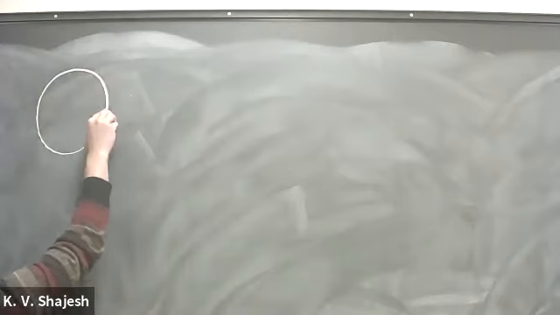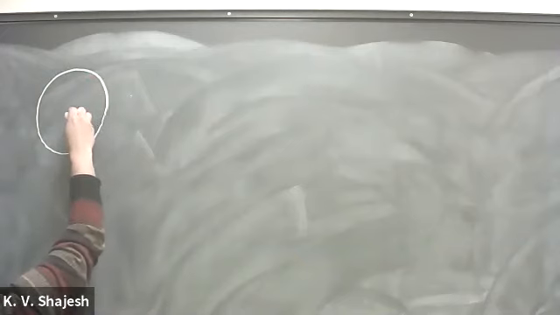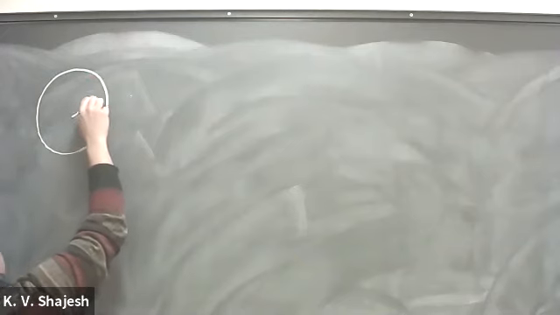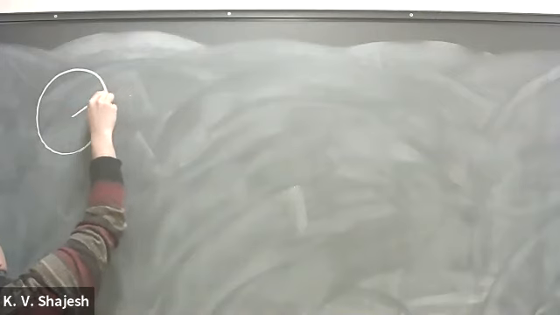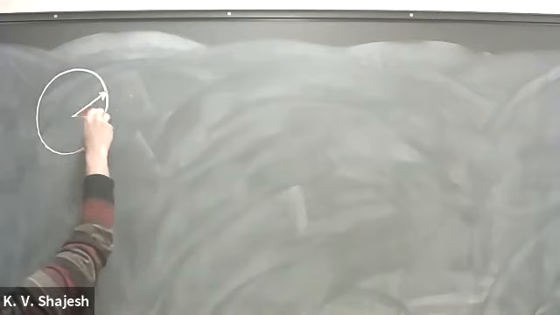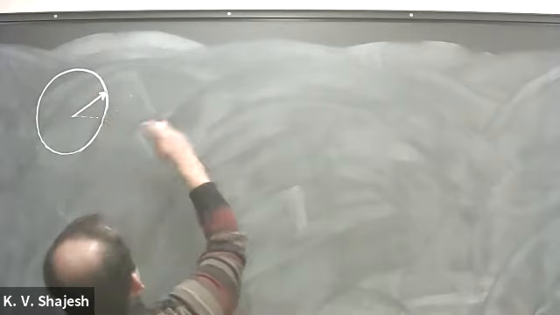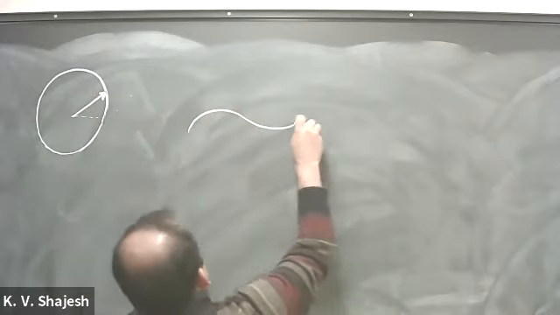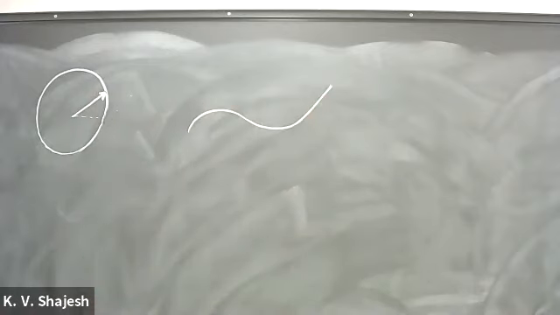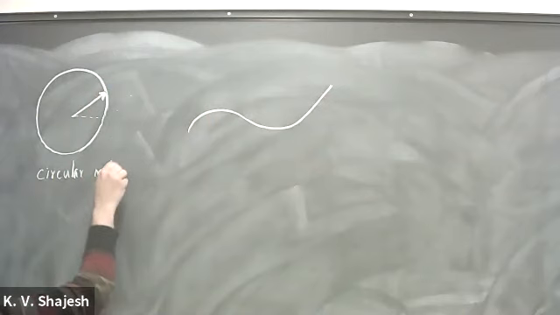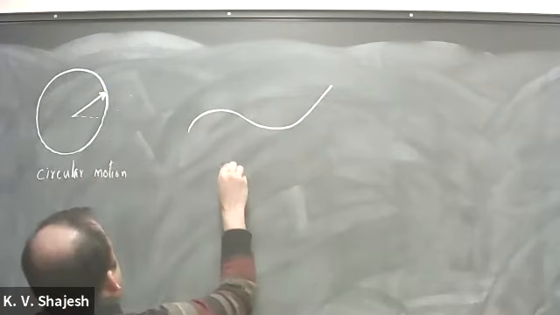Because the idea is that I'm trying to work out a circular motion description. So that's going to be my vector. That's one possibility. And let us say I also have, this is a circular motion, and that's an arbitrary non-circular motion, right? So this is circular motion. That's non-circular motion.